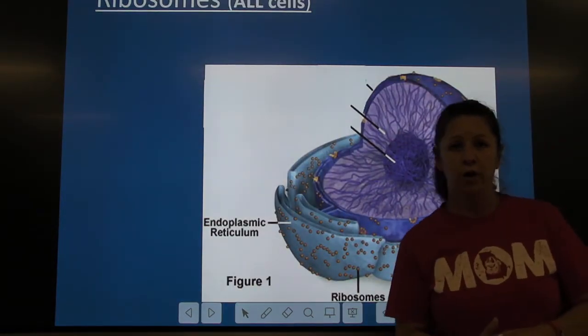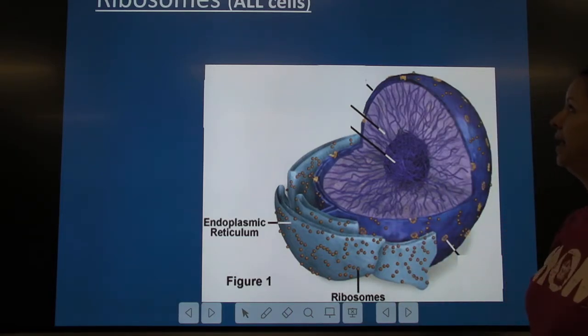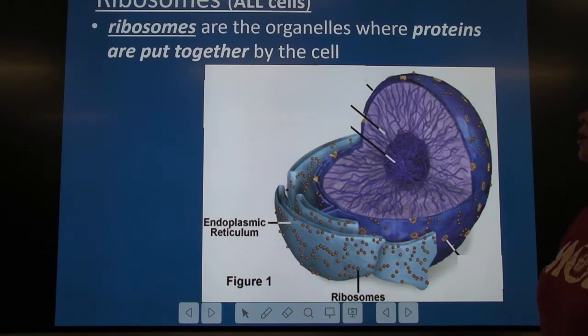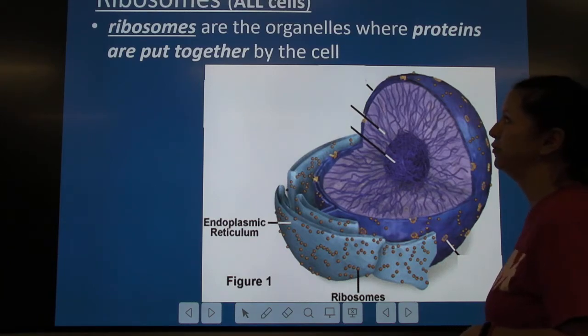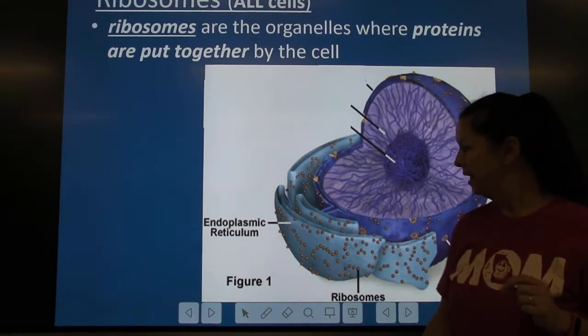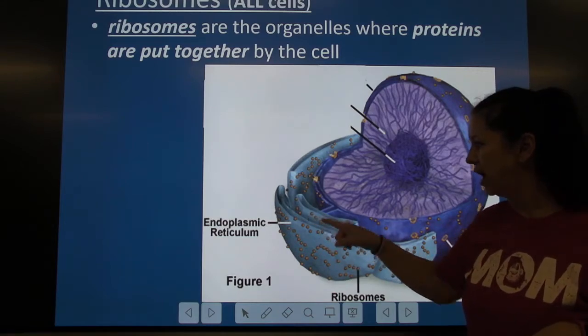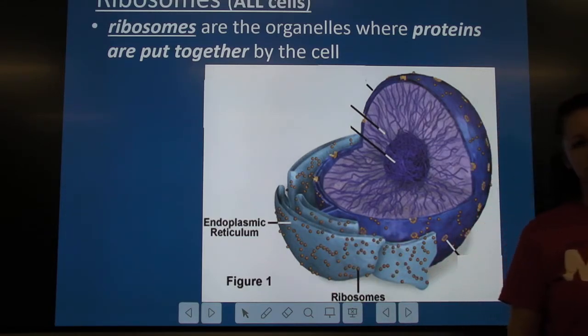All right, ribosomes, these are also found in all cells, no matter what. And ribosomes are tiny, tiny little organelles where proteins are built. So this is a nucleus. These little tiny yellow dots are the ribosomes.